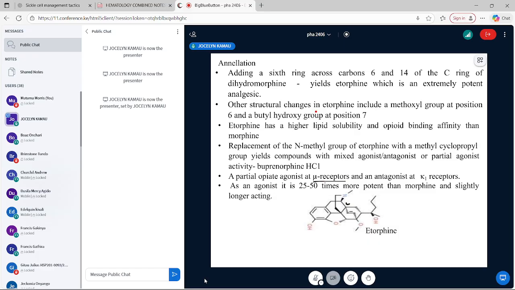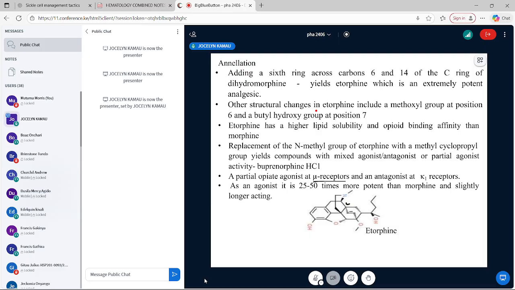Remember we said at low doses, it is very potent. It has very high affinity for the mu receptor and also good intrinsic activity. But as you increase the doses, it seems to get antagonist activity, and it gets to a point where we have a ceiling effect, that further increase in the dosage of buprenorphine does not have an increase in especially the euphoria or the respiratory depression.